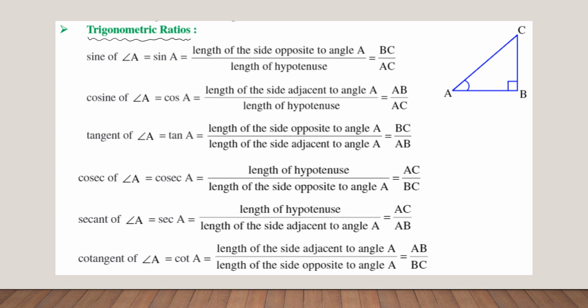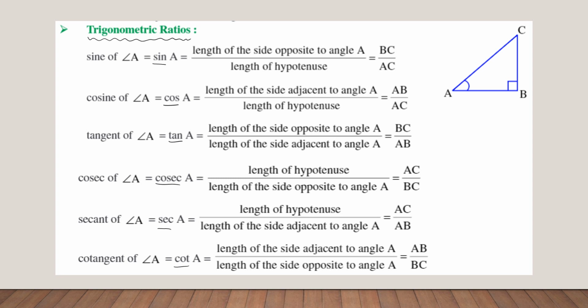Whenever you apply these ratios, sine or cos or tan or cosecant or secant or cot, its value will be equal to the ratio of their corresponding sides. Then what are the corresponding sides? That is nothing but the definition of these particular ratios.